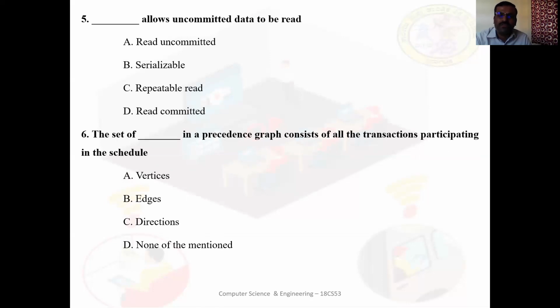The set of dash in a precedence graph consists of all the transactions participating in the schedule. A, vertices, B, edges, C, directions, D, none of the mentioned. Answer is A, vertices. The set of vertices in the precedence graph consists of all the transactions participating in the schedule.